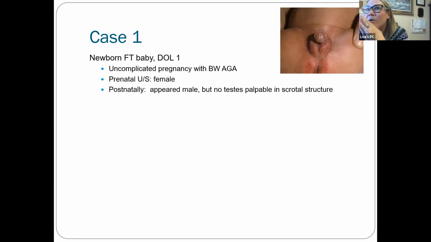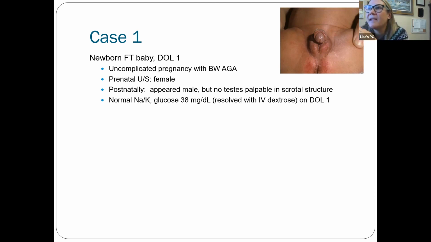She clearly appeared more male with a phallic structure and a fused scrotal structure, but you can tell it sort of wraps around the phallic structure, almost like labia would wrap around a clitoris. And when you palpated the scrotal structure, there were no testes palpable. And so this is why I was consulted, because we had ambiguous genitalia and what was believed to be a female prenatally.